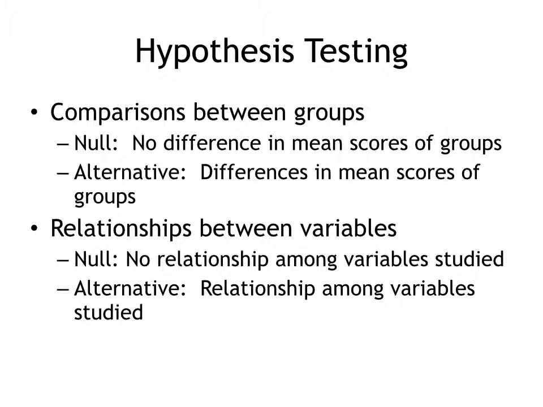Now, if you're looking at relationships, it's very similar. Your null hypothesis says, status quo, there's no relationship among these variables that you're studying. Nothing at all. Of course, you're trying to find evidence against that, and your alternative hypothesis would state that there is a relationship among the variables studied.